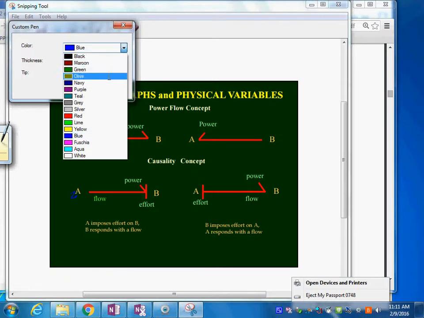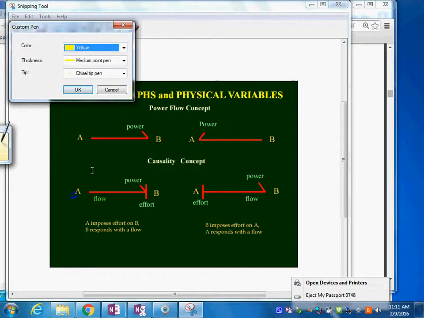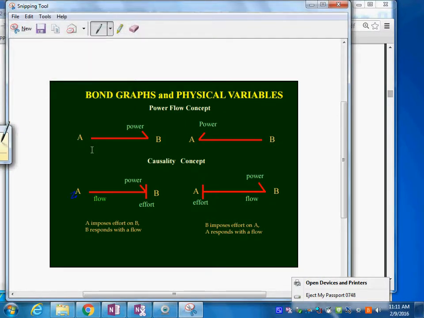And isn't it true that if I push it this way, as if I'm holding it, you can say A pushes on B. So that means that the effort goes from A to B. See, the effort goes from A to B.